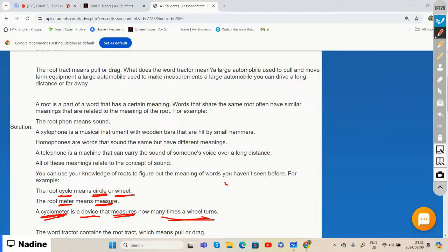That is why we said cyclo means circle or wheel and meter means measure. Put together, a cyclometer is a device that measures how many times a wheel turns. And when a wheel turns, it of course turns in circles, goes round and round.